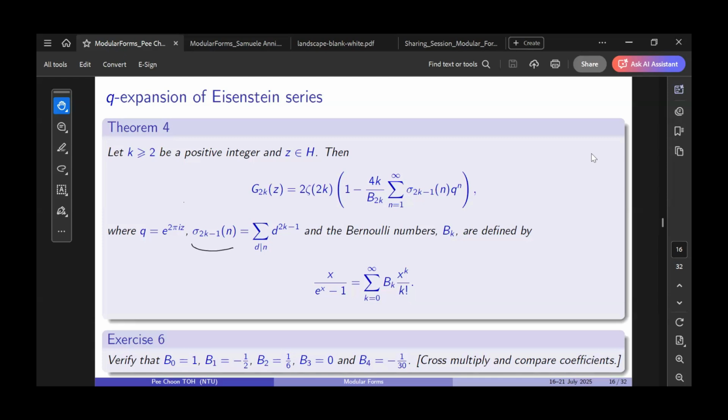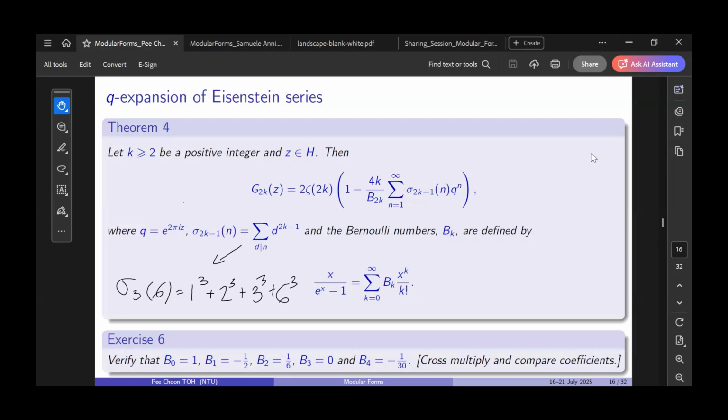Sigma_{2k-1}(n) is the sum of all factors of n to the power 2k-1. So to give an example, sigma_3(6) is 1 to the power of 3 plus 2 to the power of 3 plus 3 to the power of 3 plus 6 to the power of 3, something like this.